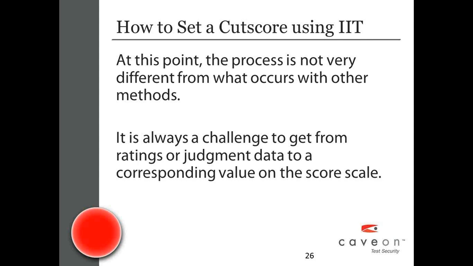The judgment and rating data isn't answering questions, it is rating something, like how many people or what % of people answer a question correctly, or how difficult an item is. Whereas the score scale is how many you get right to pass, or what % you get right. Or it could be a theta value if some other score scale is being used.